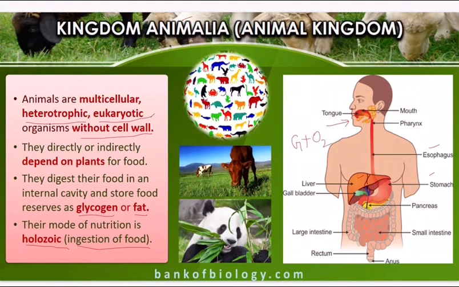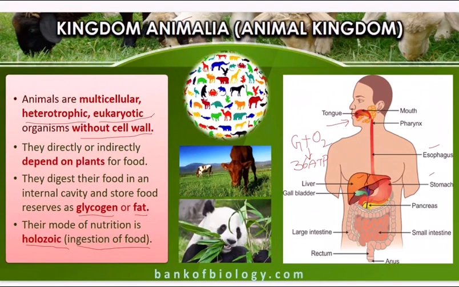Thus, every cell in our body gets two things, glucose plus oxygen. So these two undergo oxidation. So oxidation of glucose takes place, resulting in the formation of energy. For every glucose, one molecule of glucose, we get 36 ATPs.